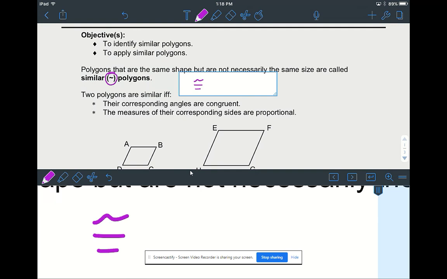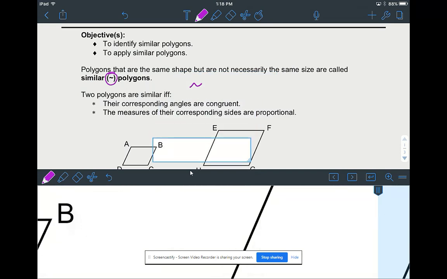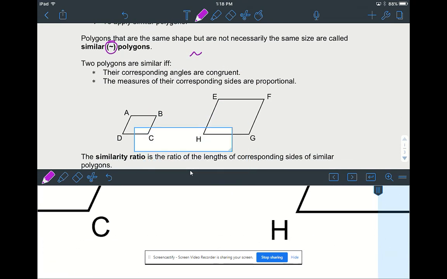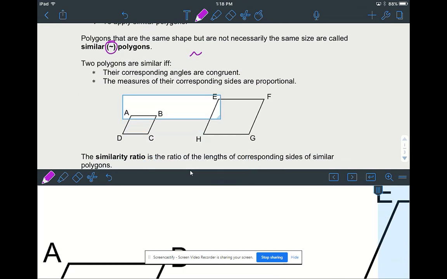Congruence meant that we were equal in size and similar in shape. So if we take away the equal part and we just leave the squiggle on top, that means we're not equal in size, but we have similar shapes. So we're the same shape, basically, different size. So that's the symbol we will use for the rest of this unit.